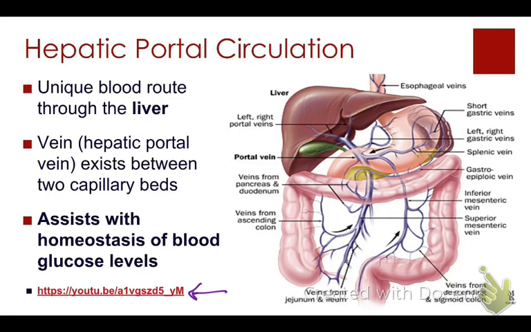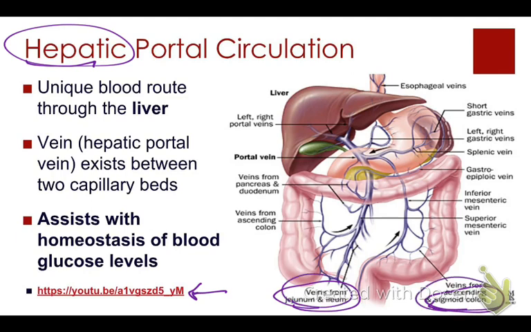So hepatic portal, hepatic means pertaining to the liver. This is a unique type of circulation whereby blood drains from the GI tract, which is going to be the colon and parts of the intestines.